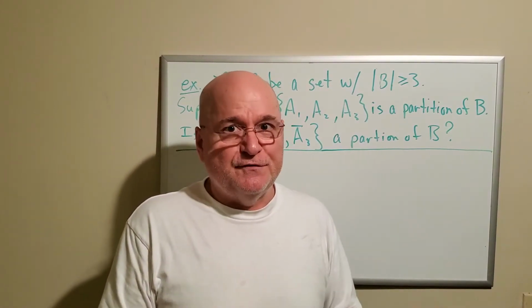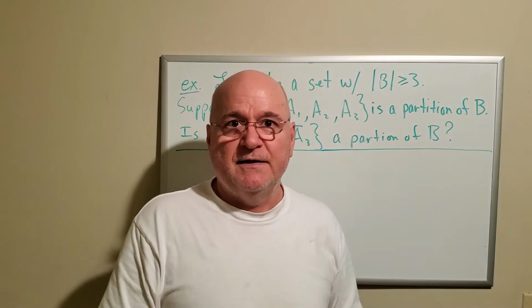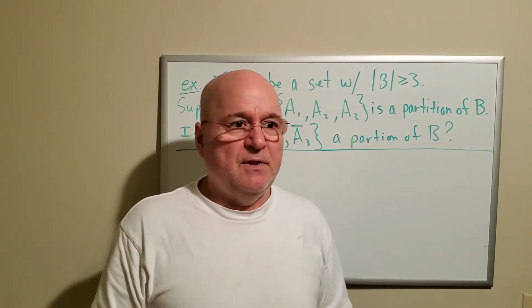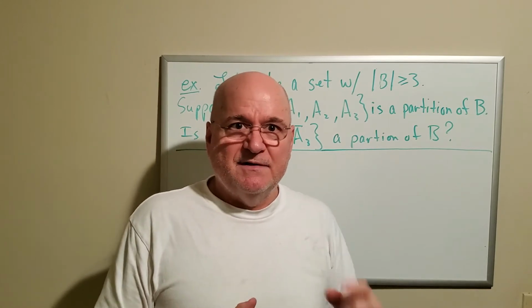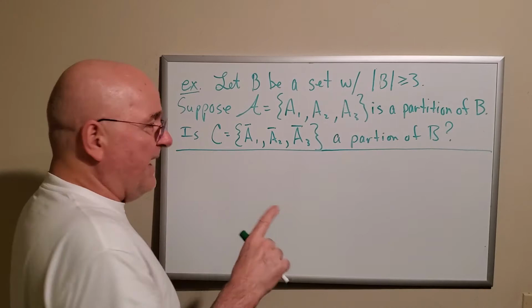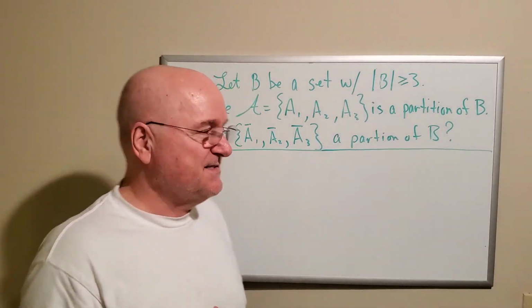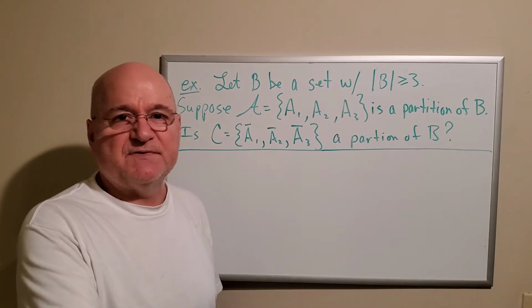That's not a proof, but you might start in the direction of trying to prove it. But it might be that you choose an example where it doesn't work. And how do you disprove a statement? You find one example that fails. I think that's what's going to happen in this case. So, let's just make up an example and see what happens.